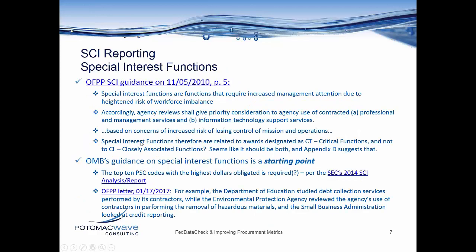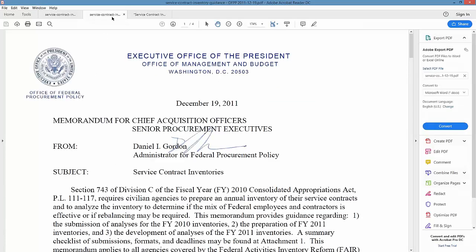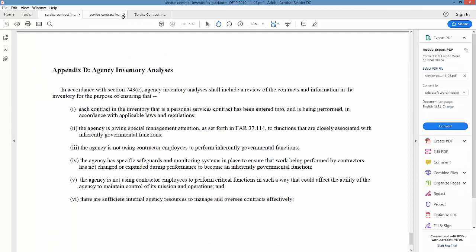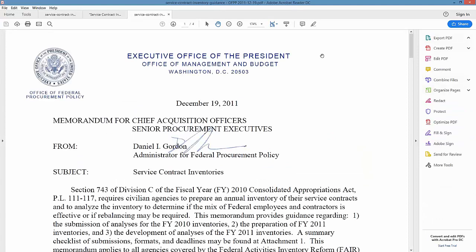All right, what is a special interest function? Let's look at that. Another thing on the guidance, a special interest function. Another guidance on service contract inventory.